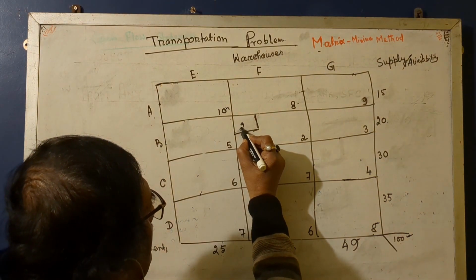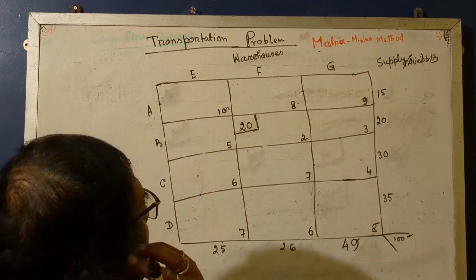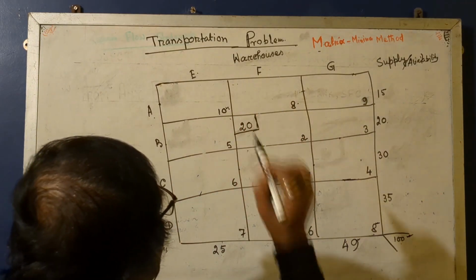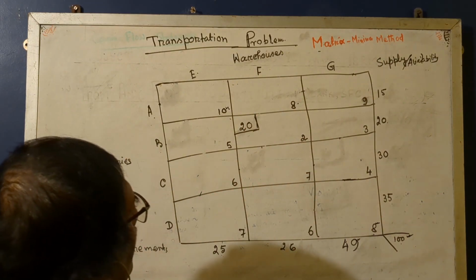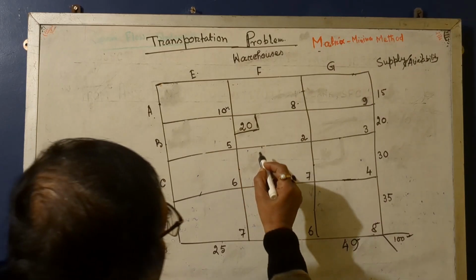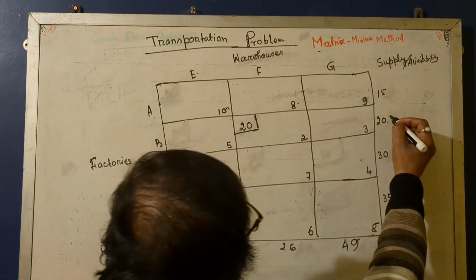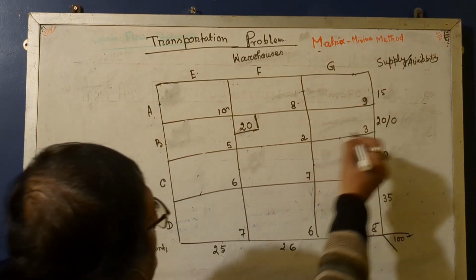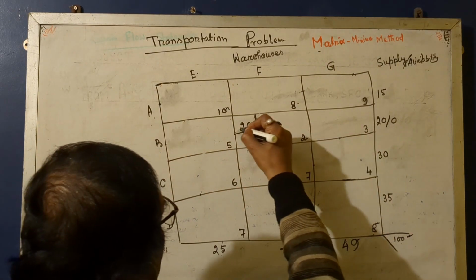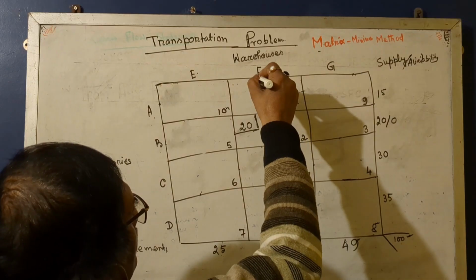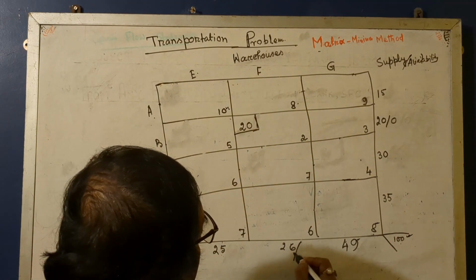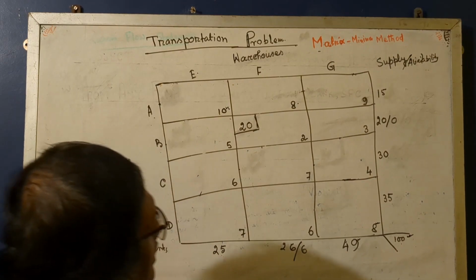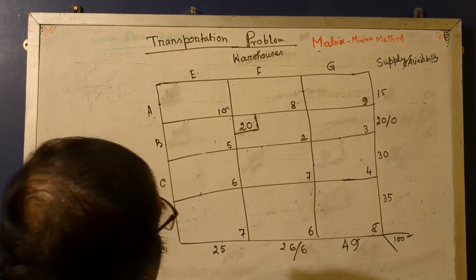That's why we will allocate 20 units. That means you shift 20 units from production unit B to warehouse F. Then how much will be left for production unit B? 0, because 20 units have been shifted to warehouse F, and this is the remaining demand. 20 means 6 units are still to be shifted.